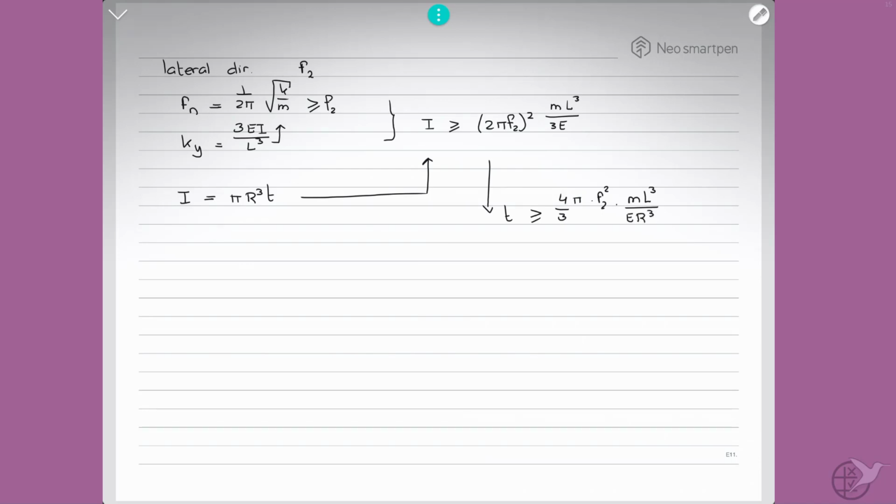Now again substituting all the values, so F2 is equal to 10 Hertz, this is the lateral frequency, M is still 2500 kilograms, L is 5 meters, R is 0.5 meters, and E is equal to 72 gigapascal.